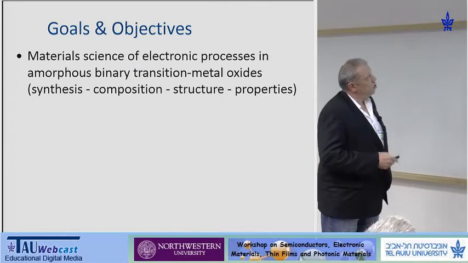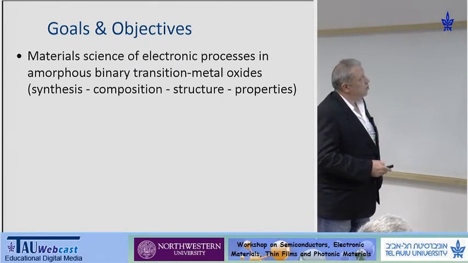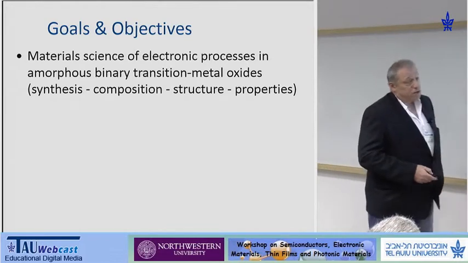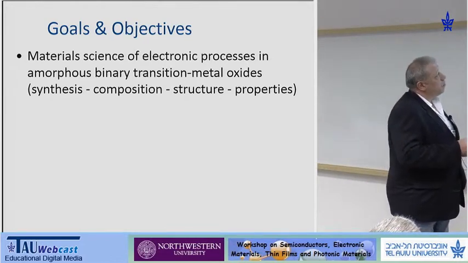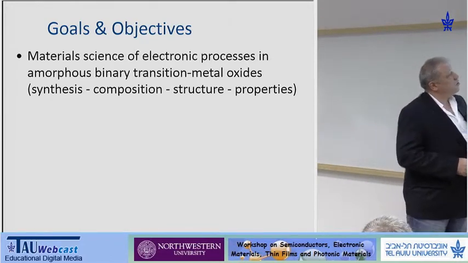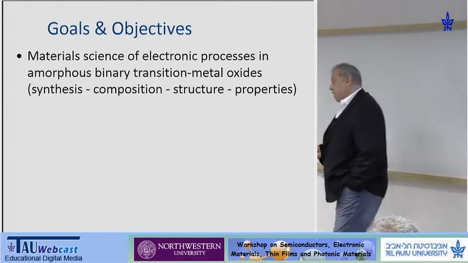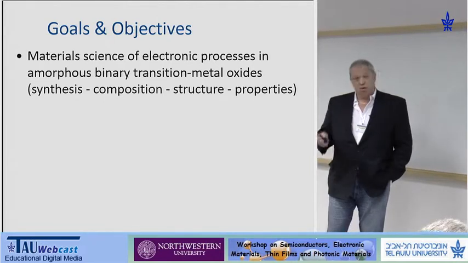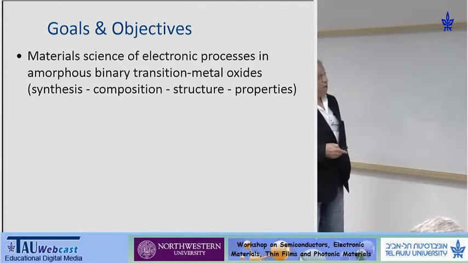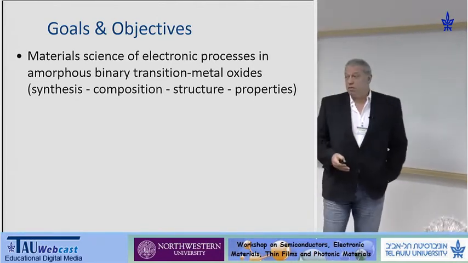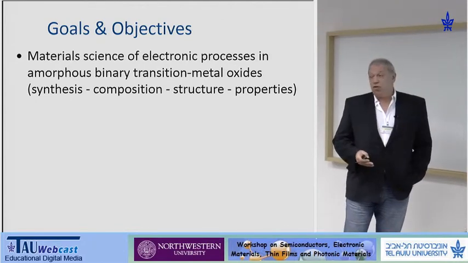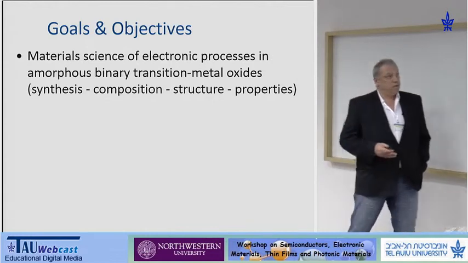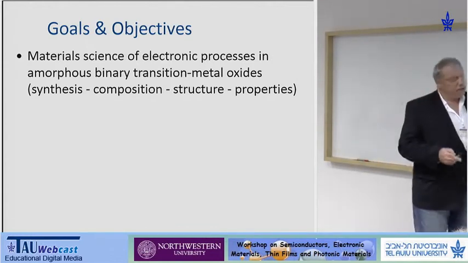So my goal here is to explore the material science and electronic processes in amorphous binary transition metal oxides. And I forgot to mention that these are amorphous, and as you will see, they were obtained by sputtering at room temperature. In particular, the tantalum oxide is notoriously difficult to crystallize. So even to crystallize it during growth, we need a temperature in excess of 800 degrees centigrade.